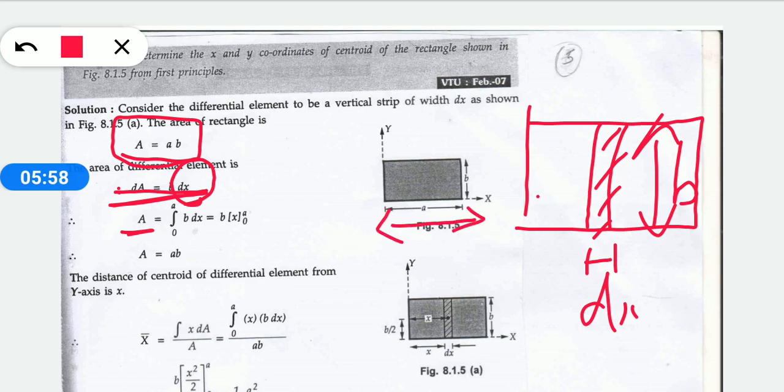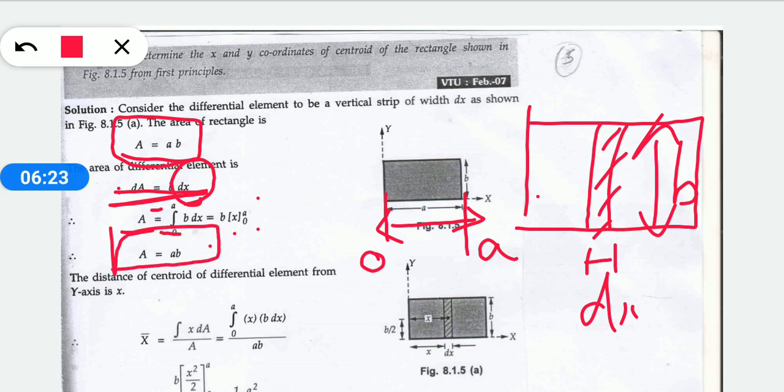What is the highest limit? It is a, and this is 0. So I am considering 0 to a integrated b into dx. You know how to do the integration, so the answer will be b into x, and the upper limit and lower limit will come. What is the formula? Upper limit minus lower limit. When you do that, you will get the value of a as a into b.